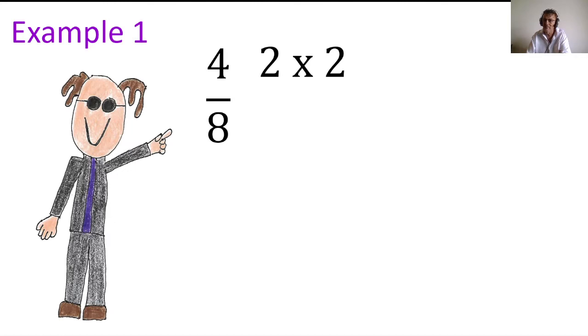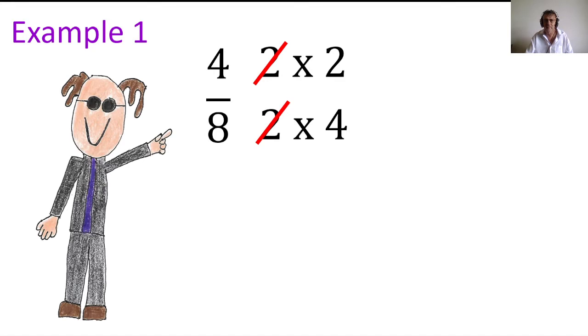We divide by 2, which gives us 2 times 4. Now, do we have any common factors? Yes, we've got 1, 2. So we cancel those 2. Now we've got 2 quarters.